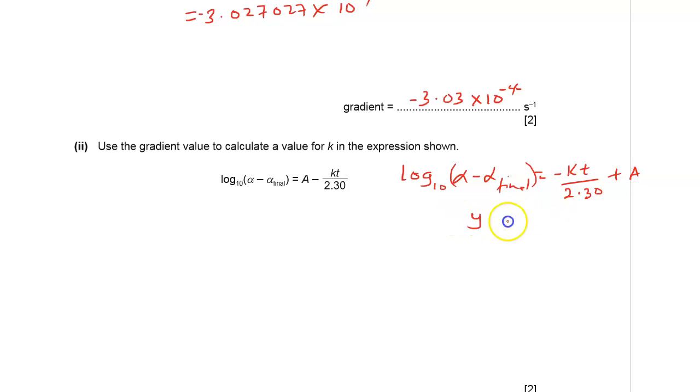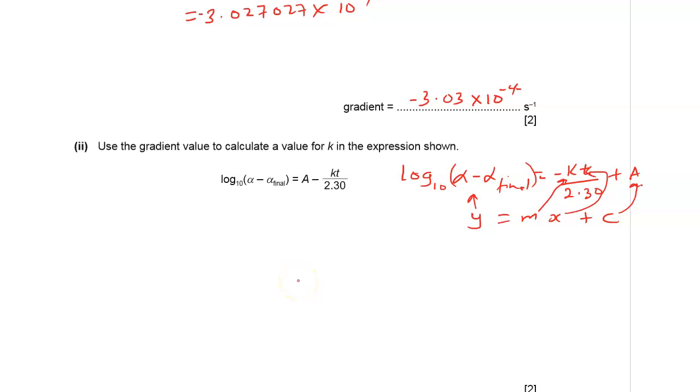Comparing this with mx plus c, this is y, m is minus k over 2.30, and x is t. C is the y-intercept.